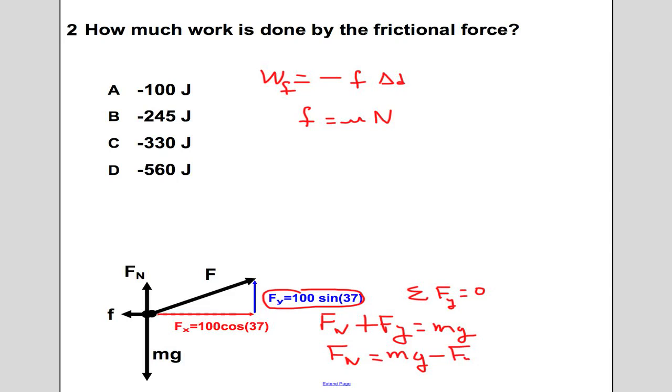In this case, the weight is approximately 500, we use 10 for g, and the y component, 100 sine theta, the sine of 37 degrees is 0.6, so 100 times that is equal to 60. So the normal force will equal 440 newtons.